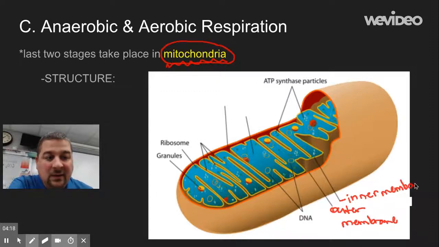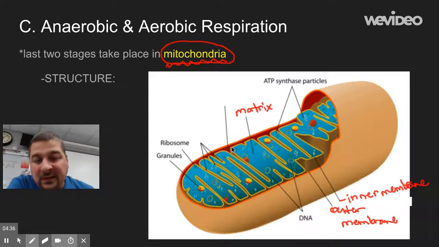So it has an outer and an inner membrane. The clear, bluish green turquoise part that you see, the fluidy part, we call the matrix. This would be similar to the stroma in a chloroplast.